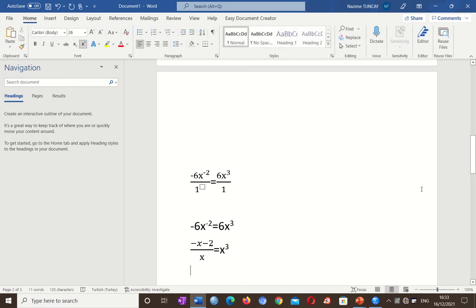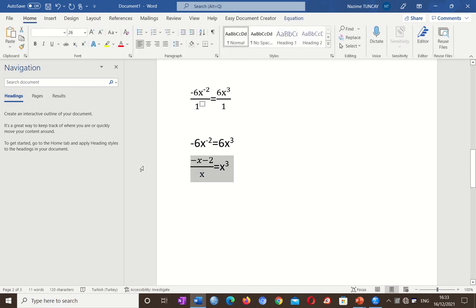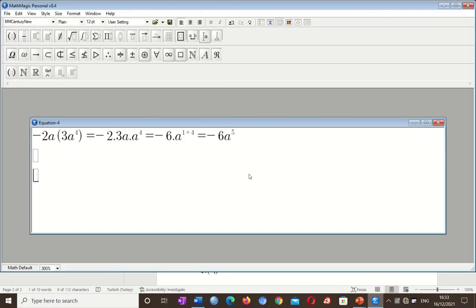This is x to the power 3, and this is x to the power minus 2.